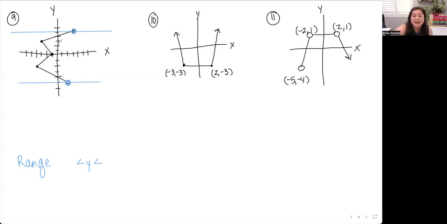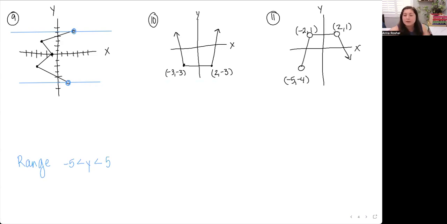I also know that I can count up high and down low. So this will be -1, -2, -3, -4, -5. So my range will go from as low as -5 to as high as 1, 2, 3, 4, 5. And that's how I determine my range.